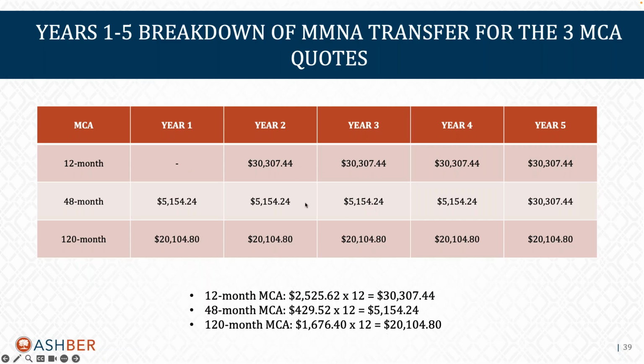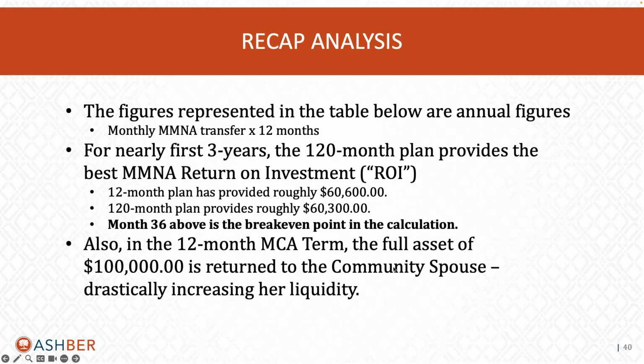Right here, you're not getting much benefit with the 48-month plan. It's either the 1-year or 10-year plan that's providing the most benefit. So this becomes sort of that pivot point here, year 3, and particularly month 36, where that 12-month plan becomes better. And now because that 12-month plan is providing a higher MMNA transfer every single year, that is going to get bigger and bigger throughout the remaining 7 years of the illustration.